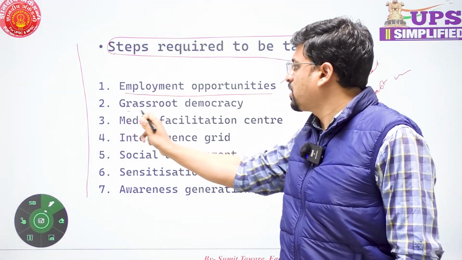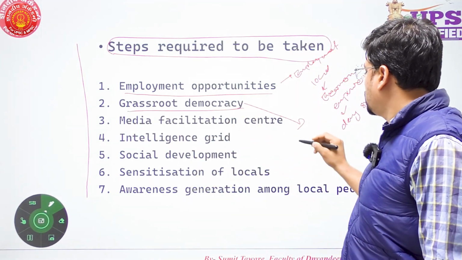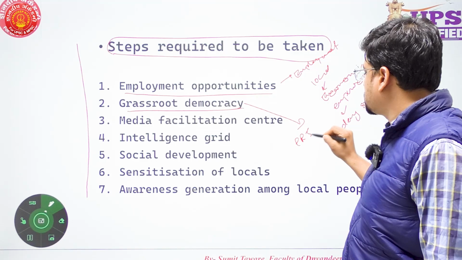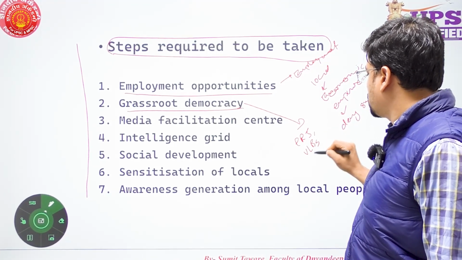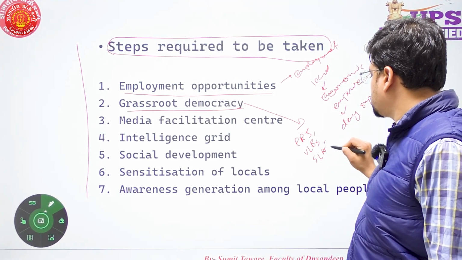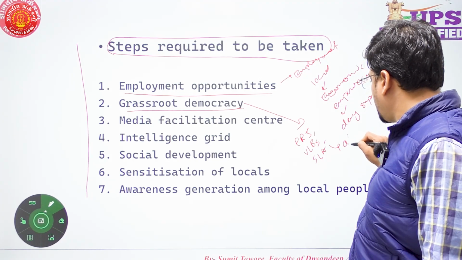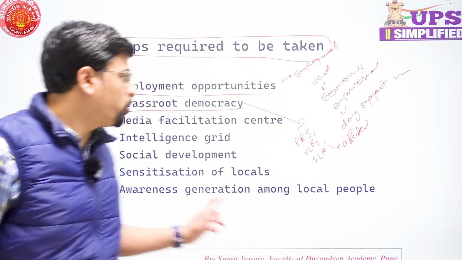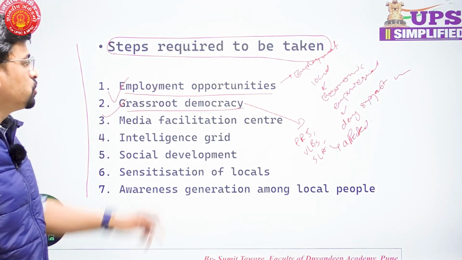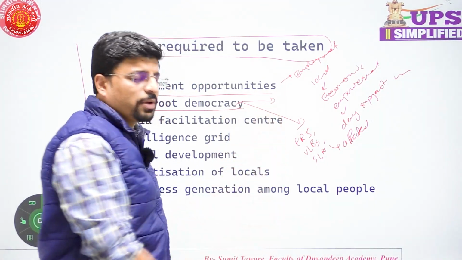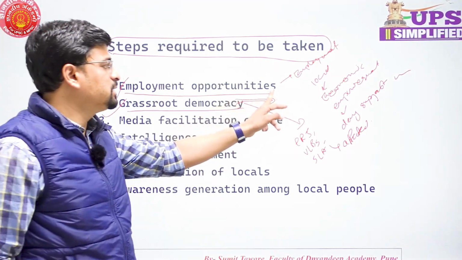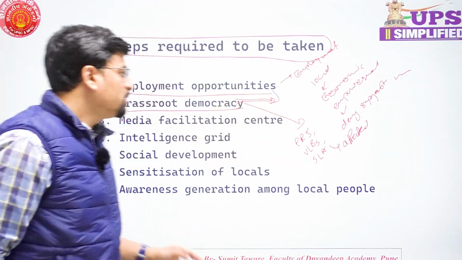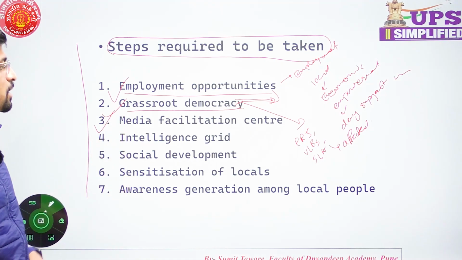Then grassroots democracy. Elections of PRIs, ULBs or state legislative assemblies in affected areas can ensure economic and political empowerment of the local people, so that they become aware of their political rights and deny support to militant activities.